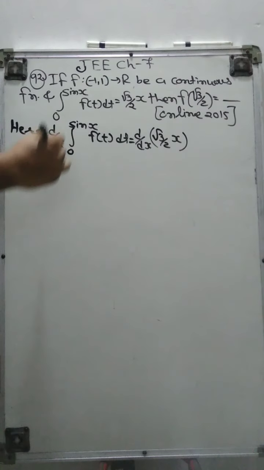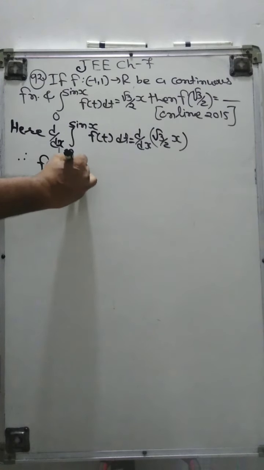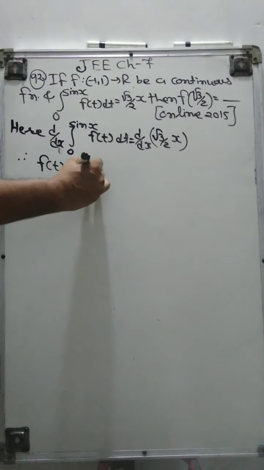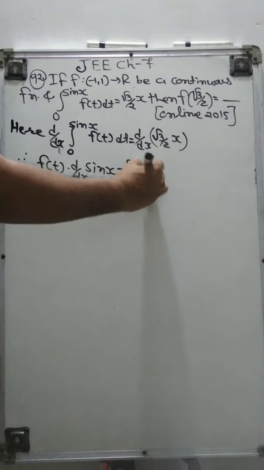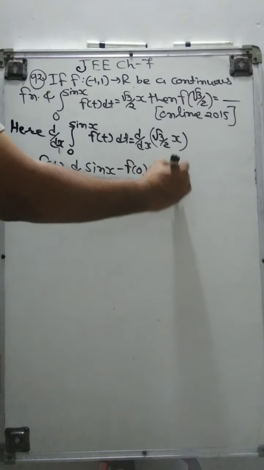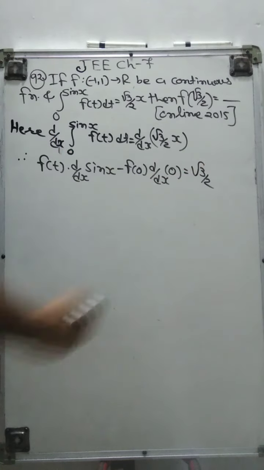Now when we integrate, then here f(sin x) d upon dx of sin x minus f(0) into d upon dx of 0 is equal to root 3 by 2, right?